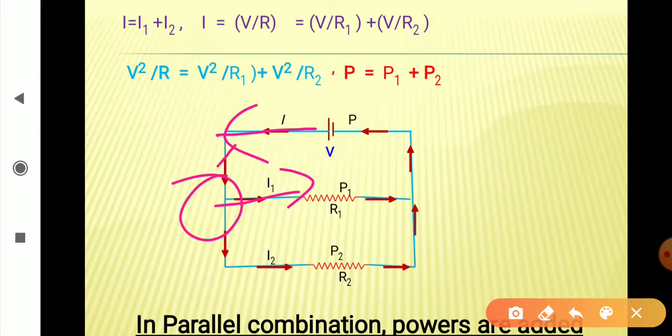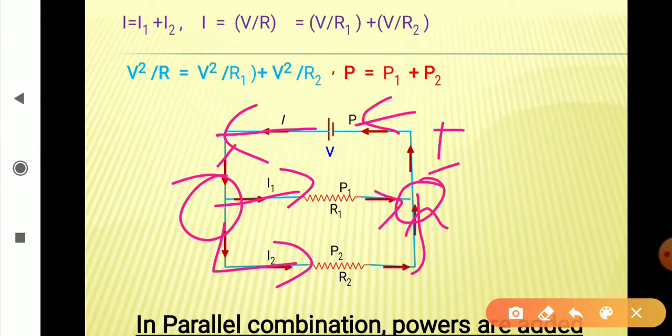Current I1 goes to R1, I2 goes to R2. At this point again I1 and I2 meet and current I is returned back to the source, your supply, right?